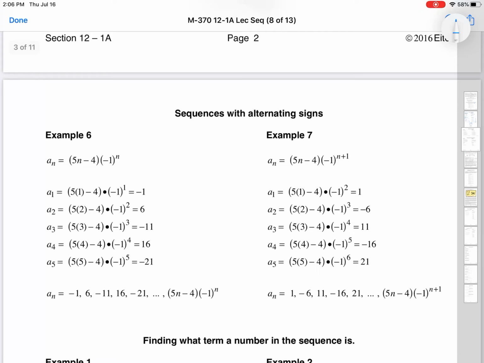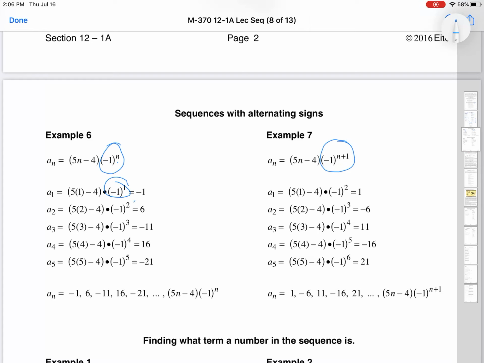One thing that we want you to become aware of is how you can switch signs. Right here is how we're able to switch signs, taking -1 to a power. And notice that the power won't matter, in the sense of who starts out to be negative. So for example, with the way example 6 is defined, when you plug 1 in, you get -1 to the first power, which is going to be -1.